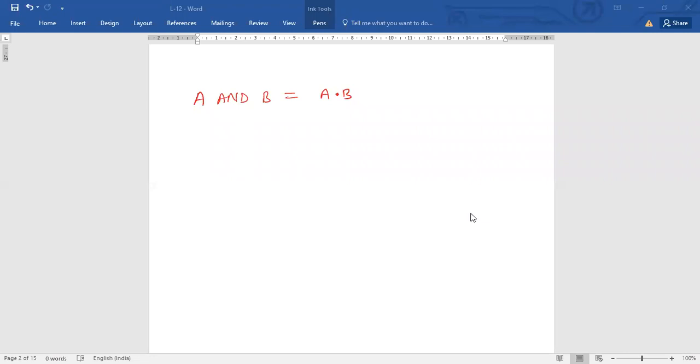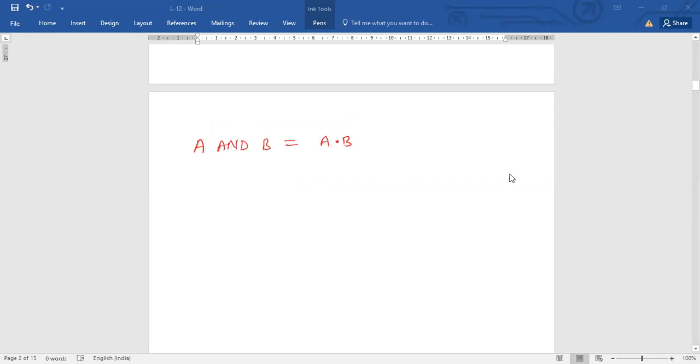Okay, Krishna, tell me in case of AND gate, when we will get the output as 1? In case of AND operation, when you will get the output as 1? Krishna, am I audible?